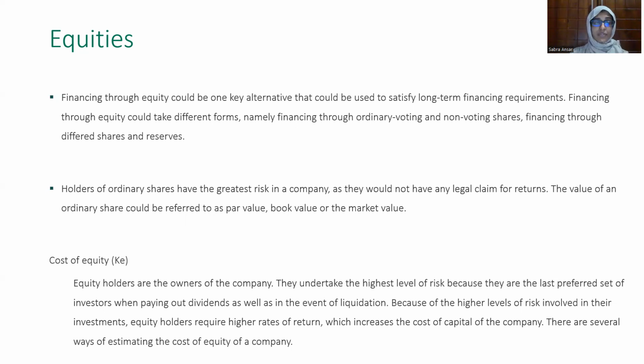These are the things that we were talking about. Another thing we need to understand is that ordinary shares have a great risk because they don't have any legal claim for return. An ordinary share value could be referred to as a par value, book value, or even a market value, which we were talking about.